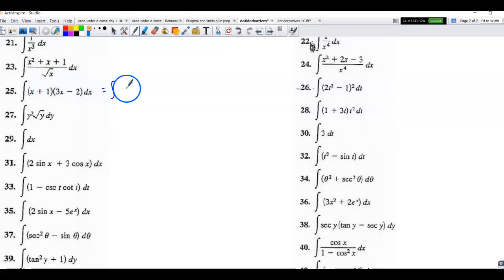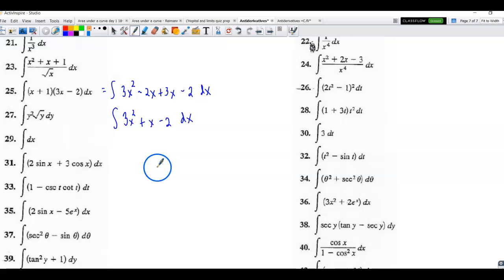So when I do, that'll give me 3x squared minus 2x plus 3x minus 2 dx. Combine like terms, and I get 3x squared plus x minus 2 dx.